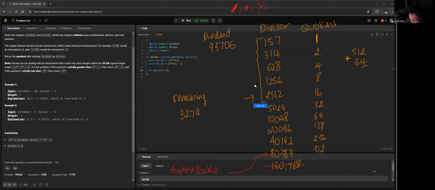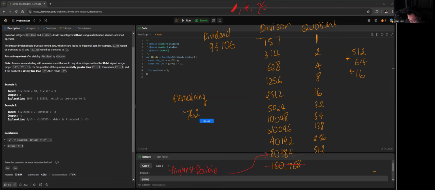So we stop here, and it gives us a quotient of 16. So we add 16 again, and we subtract our highest double, which is 2512, which gives us 762.